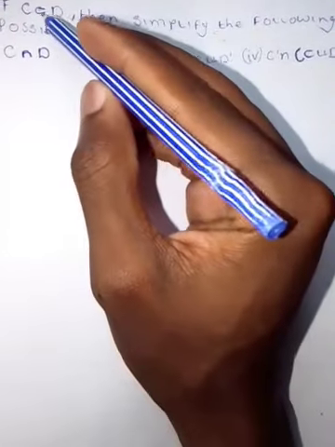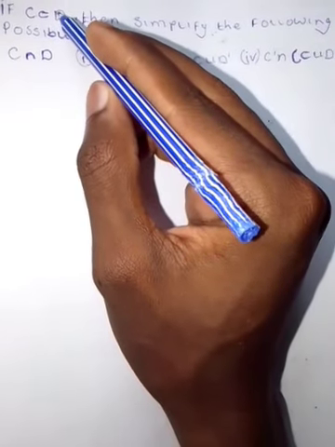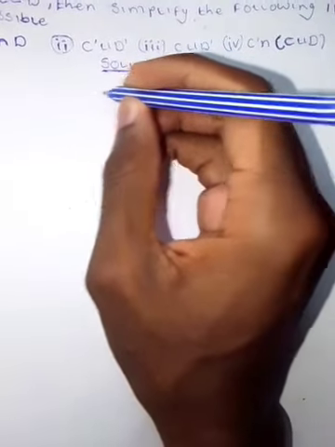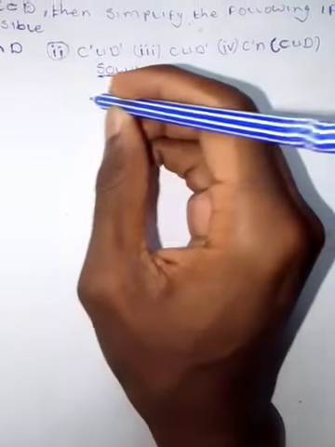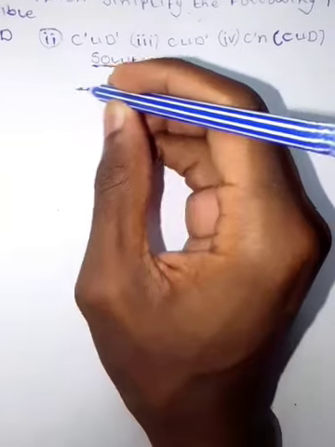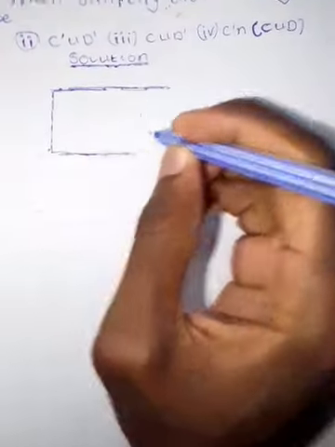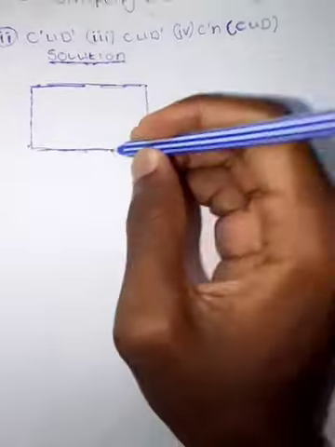So they have said that if C is a subset of D, so what they are trying to say is, let me represent this on a Venn diagram.